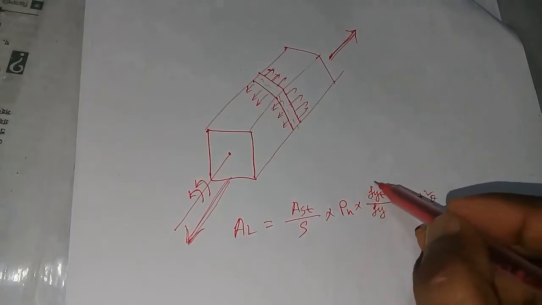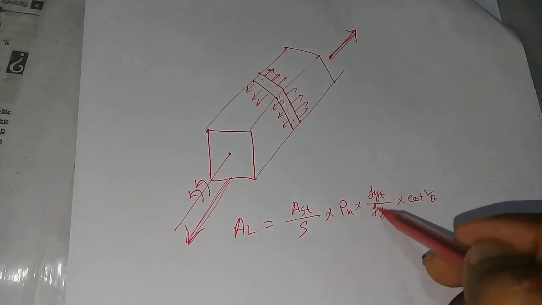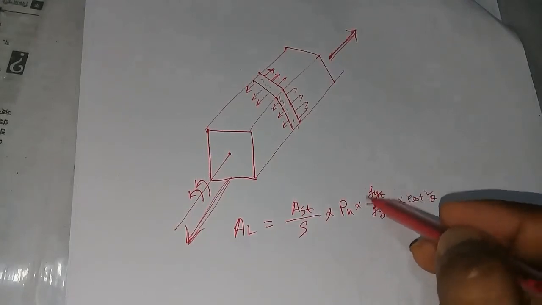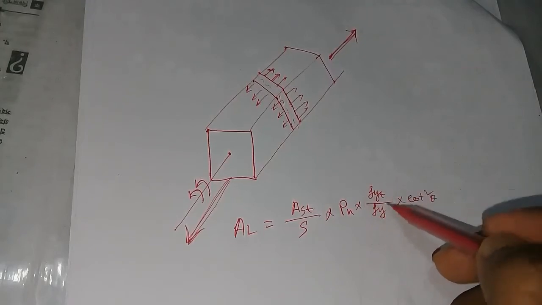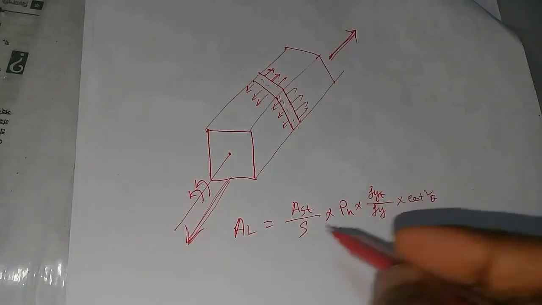The yield strength of torsional reinforcement and longitudinal main bar is the same, so that ratio is 1, and cot square theta means 1.